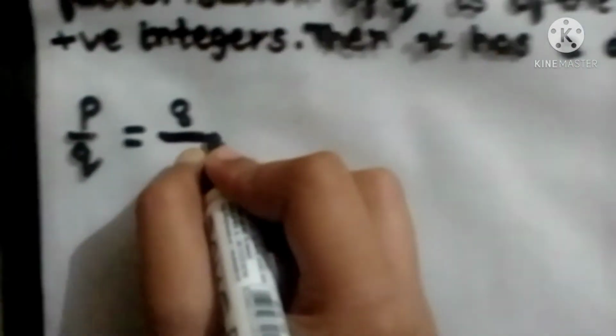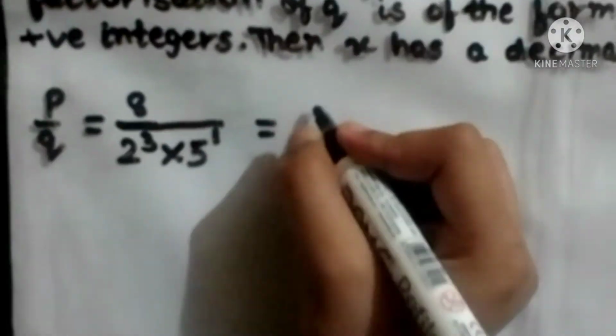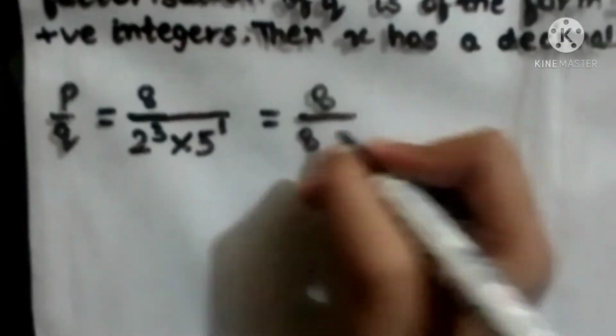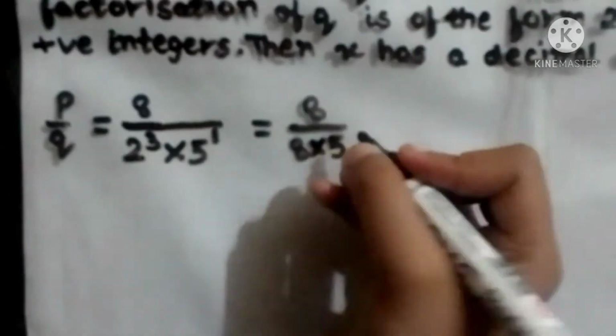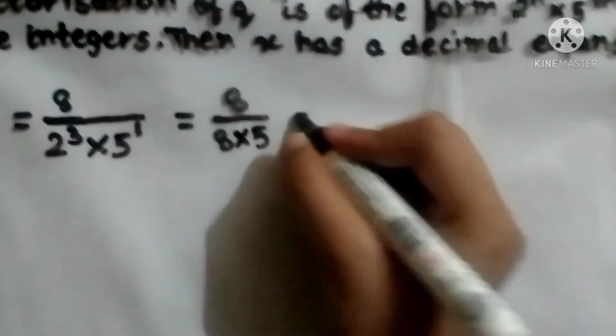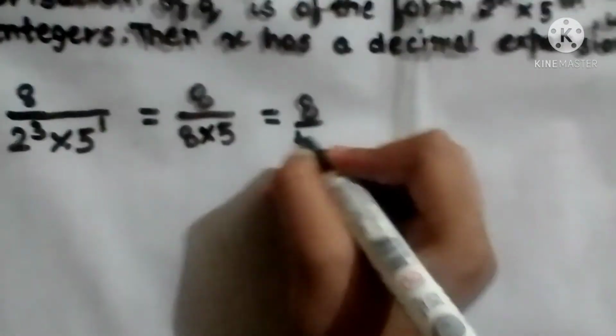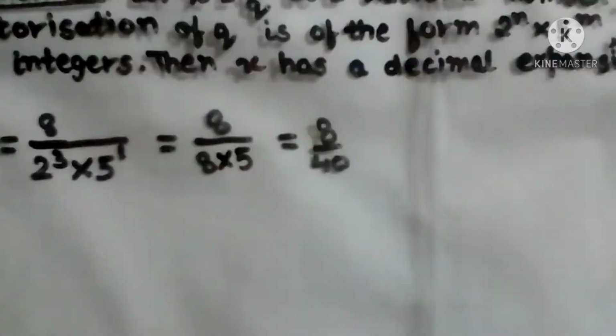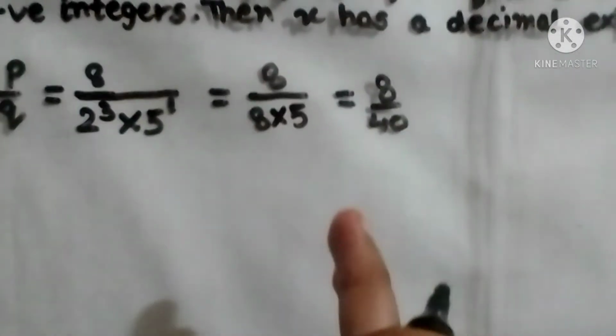Then for q it is given that it is in the form of 2^n into 5^m, so here we will take 2 cube into 5 to the power 1. 2 cube is 8, so 8 into 5 is 40. So we have 8 by 40. Now we have to prove that this has a decimal expansion that terminates.